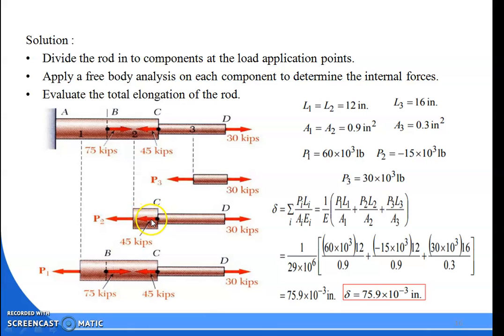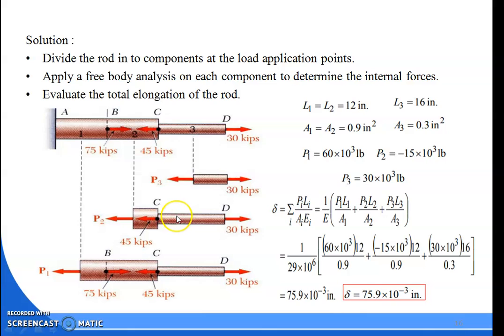It is a compressive load. Due to this load, in this whole section this force is designated as a compressive zone because it is inward in direction. Correct? But in this portion, we know that the net force is 30 into 10 to the power 3.